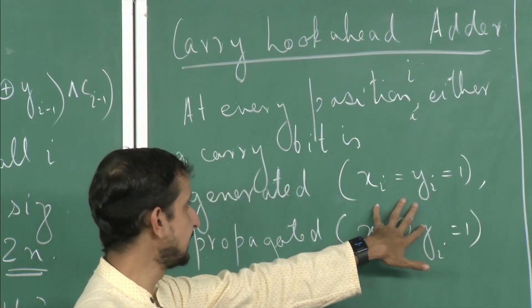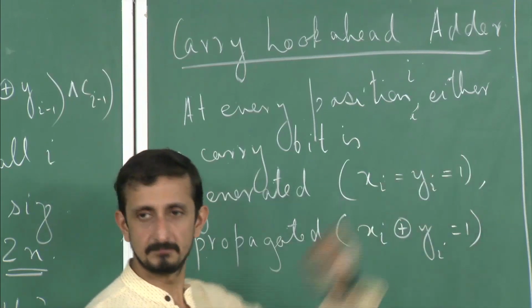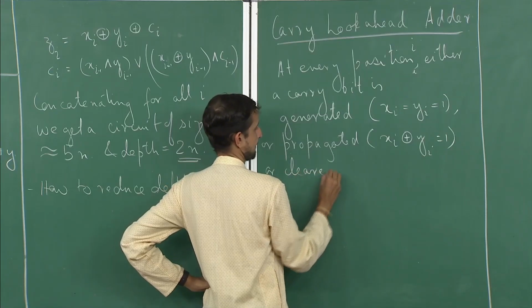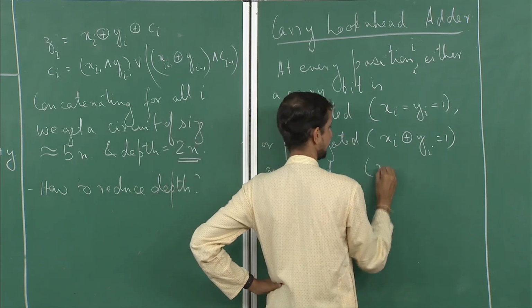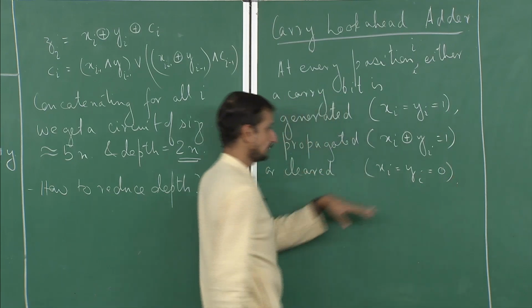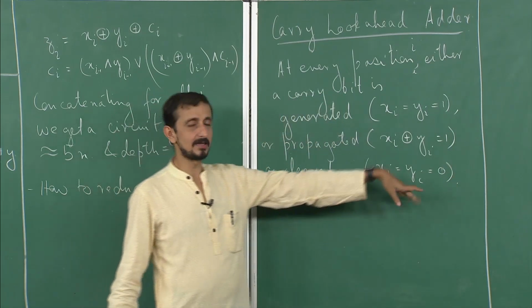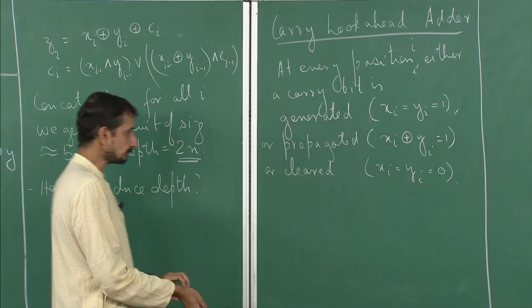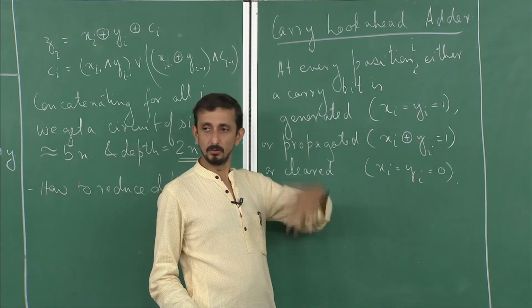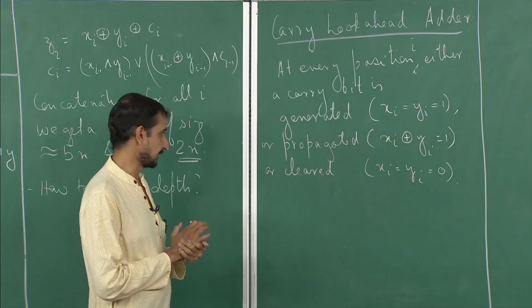So, this is the same as saying xi or yi equals 1, or cleared if xi equal to yi equal to 0. So, this is the same as saying that xi or yi is equal to 0. So, we will use this idea to create our circuit now.